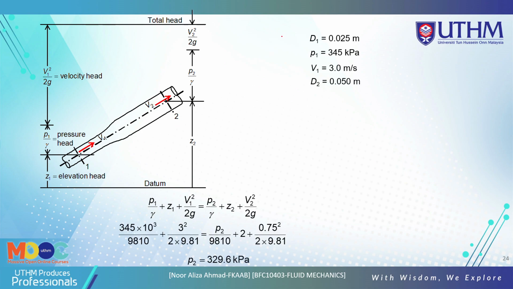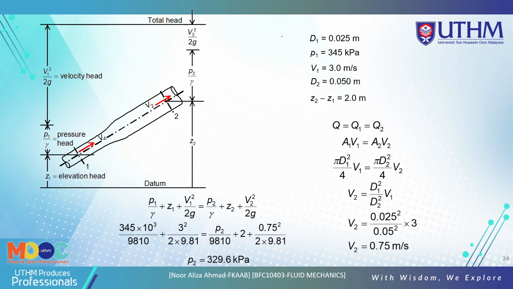First, this is the data given in the text. The specific weight of the water is 9810. Diameter 1 is 0.025 meter. Pressure at point 1 is 345 kilopascal and velocity 1 is 3 meter per second.